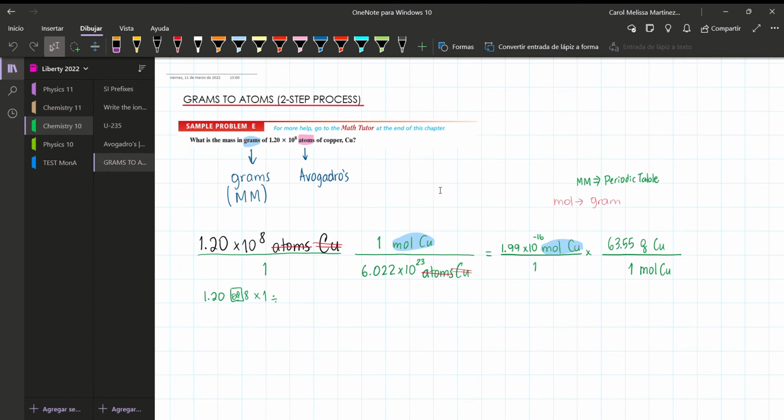With this, you are able to get rid of moles of Cu with moles of Cu. How much is this? 1.26 grams of copper.